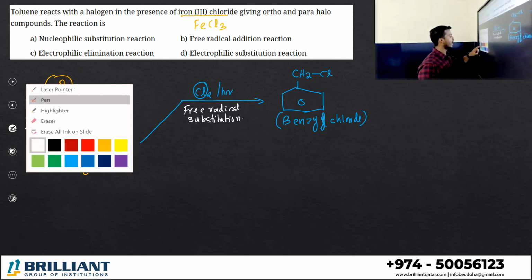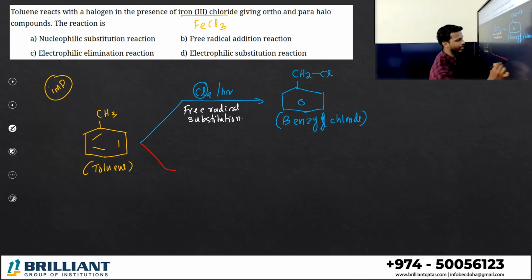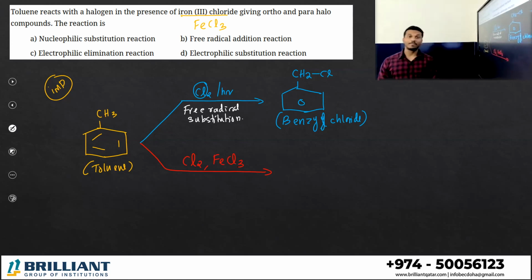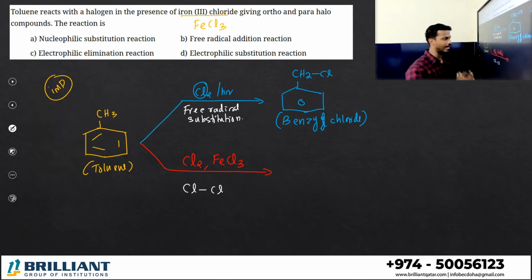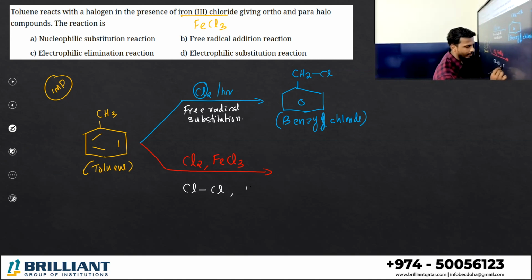Let me take another chlorination. Let me add chlorine in presence of a catalyst FeCl3. In presence of the catalyst FeCl3, what can happen? Dear student, chlorine molecule, Cl-Cl, is treated with FeCl3.